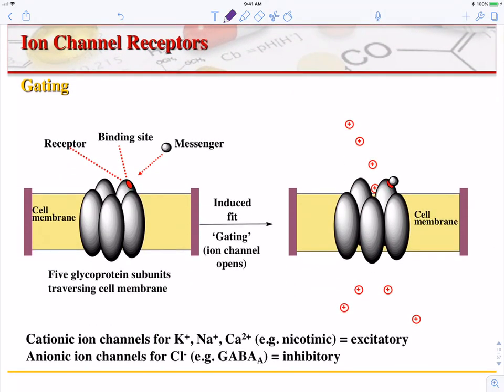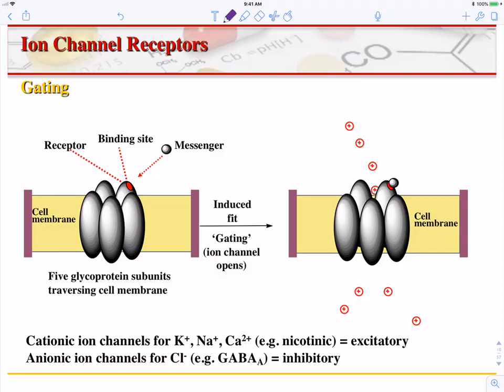Ion channels typically exhibit a behavior called gating, in which we have an opening of the channel upon binding of this messenger. In general, ion channels specific for cations, so for positively charged ions, are excitatory, and they respond to neurotransmitters such as acetylcholine or nicotine, whereas anionic channels for chlorine typically respond to neurotransmitters such as GABA, which is inhibitory.